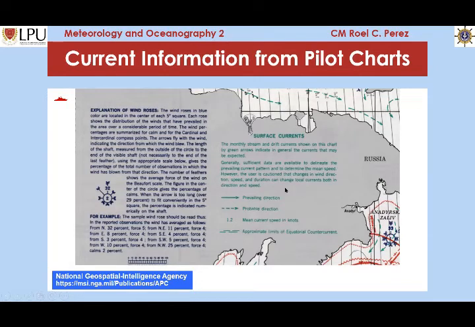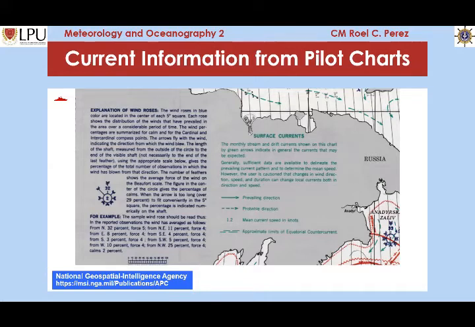So if the current is not so strong, sometimes it is affected by the change of direction of the wind caused by low pressures. So you can only rely on this if you take into account the effect of the low pressures that you will encounter.